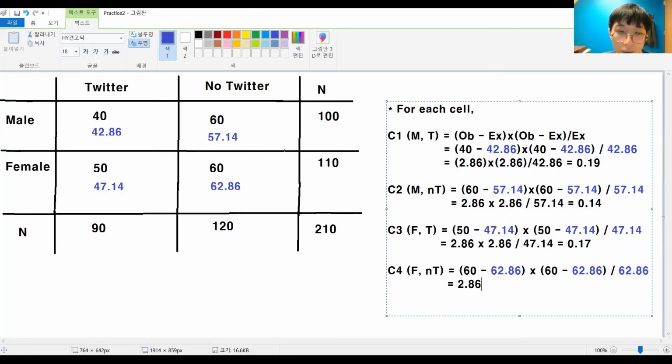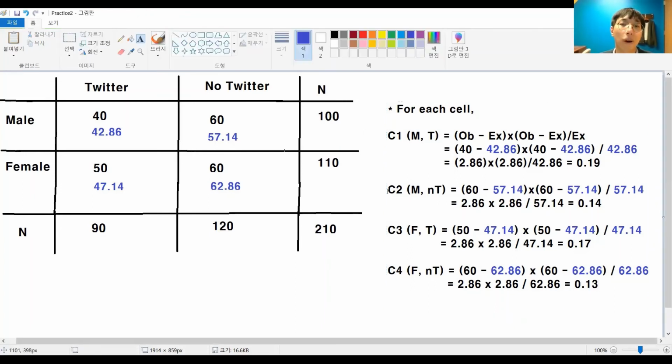And you will get the number here, do the math. And the number is 0.17. So in this way, we get the number for each cell by following the formula.